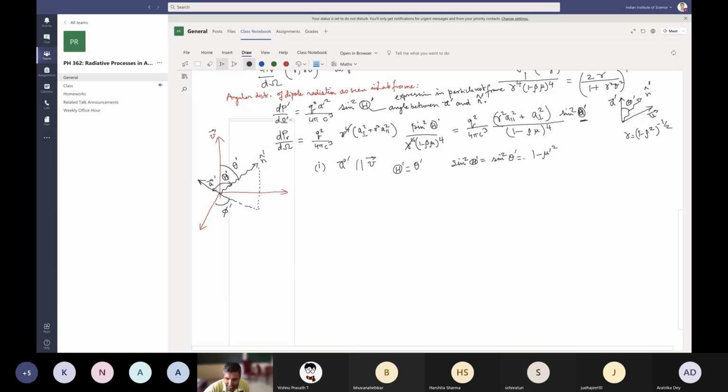If you recall that, then 1 minus mu prime squared can be written as 1 minus mu squared divided by gamma squared times 1 minus beta mu, the whole squared. Okay, this is just sine squared capital theta prime. So what do we have?